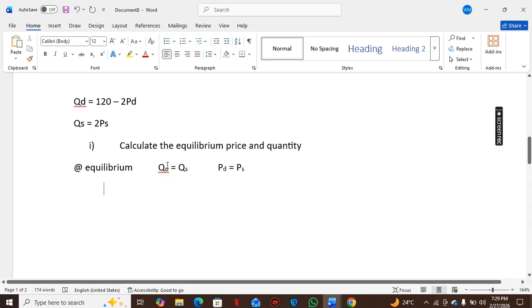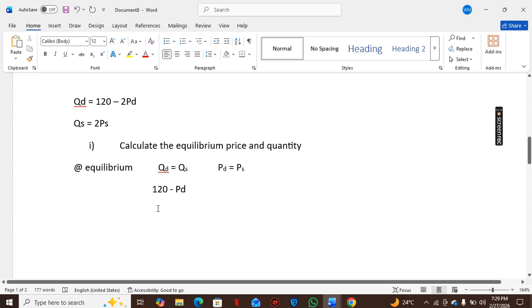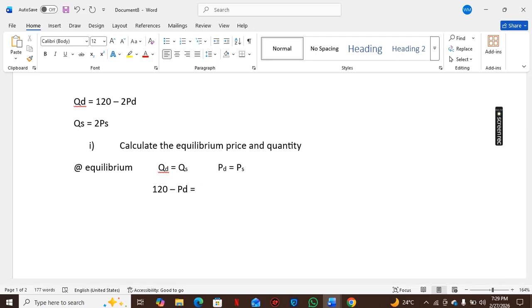So we're going to equate QD equals QS, so this is going to be 120 minus 2PD equals 2PS.